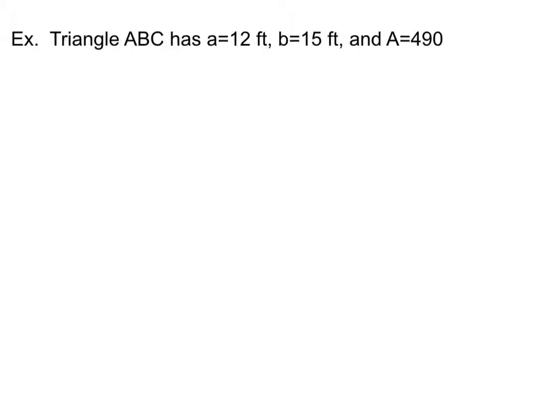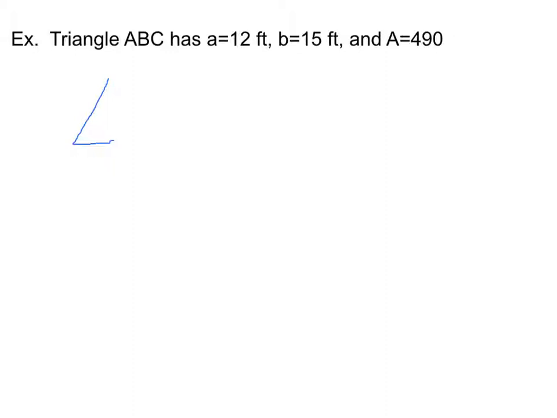Okay, so let's look at this triangle ABC that has side length A of 12 feet, side B is 15 feet, and angle A is 49 degrees. Let's draw it. A 49-degree angle, something like that.